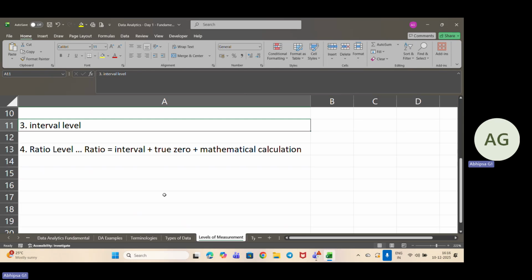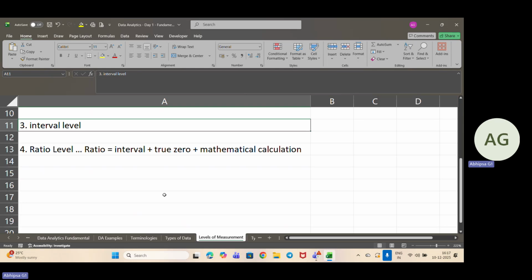Next is ratio, the full power numbers, measuring exact height, weight, money, etc. So ratio is interval plus true zero plus all of the mathematical calculation. Nominal is basic, ordinal is a bit better, interval is advanced, and ratio is the most powerful one.